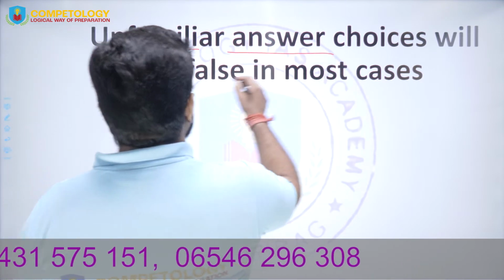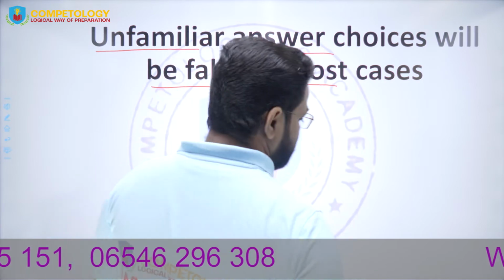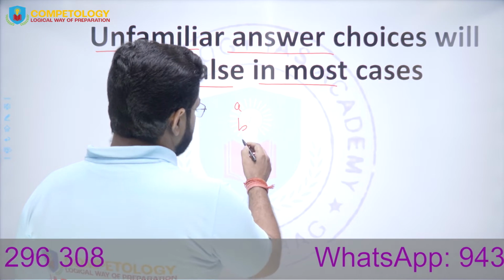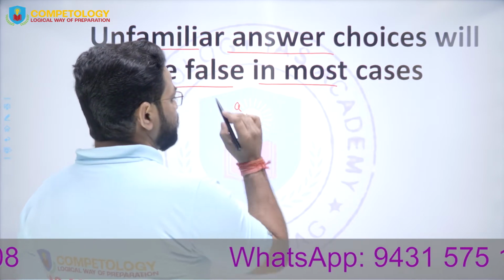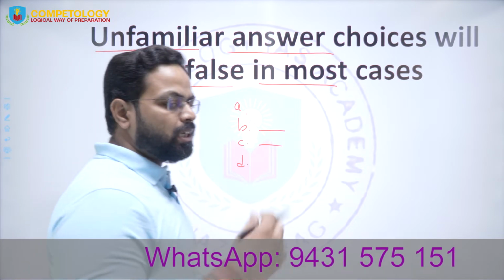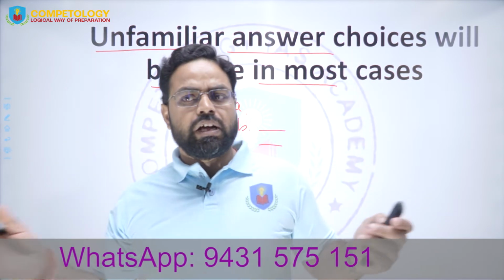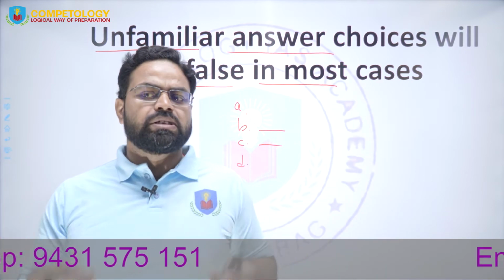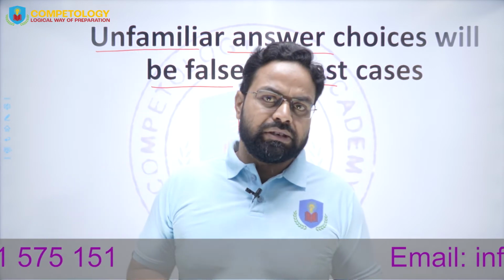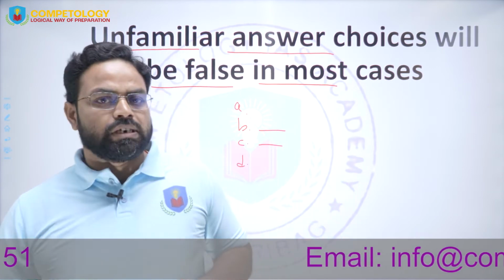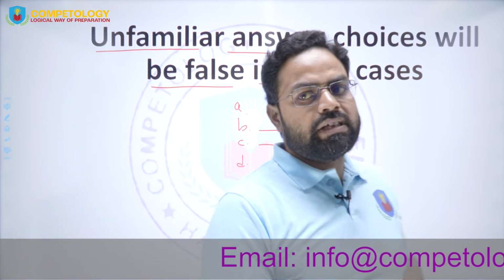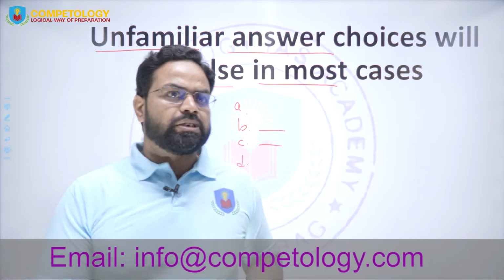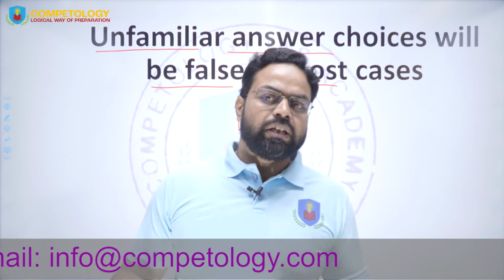The next technique is: unfamiliar answer choices will be false in most of the cases. Out of 4 options, in many cases you will find that some of the options are completely out of the blue, completely unfamiliar. You have not heard about this kind of option, this kind of statement, this kind of information, and those students who are preparing for the exams religiously might have come across such information once in a while, but might not have revised.